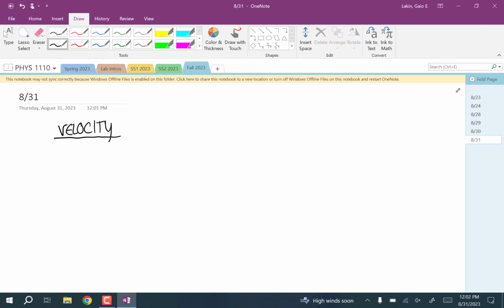And remember, we're still talking about one-dimensional motion. So everything we're talking about is motion along a line. And an object can only go one way or the other way along the line. Well, velocity measures how quickly the position is changing.